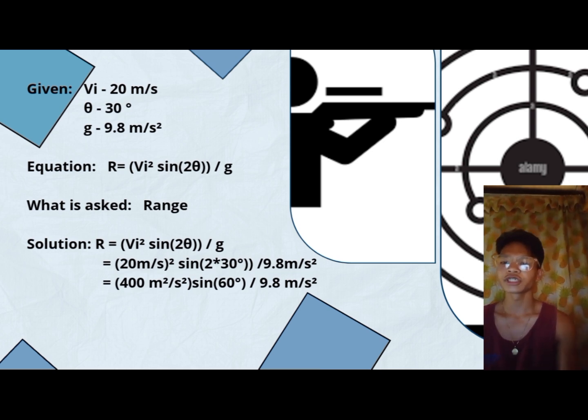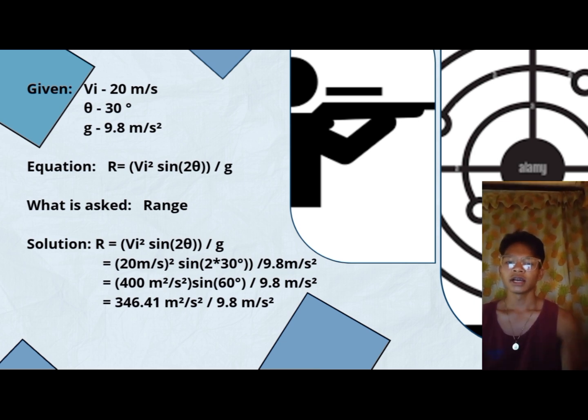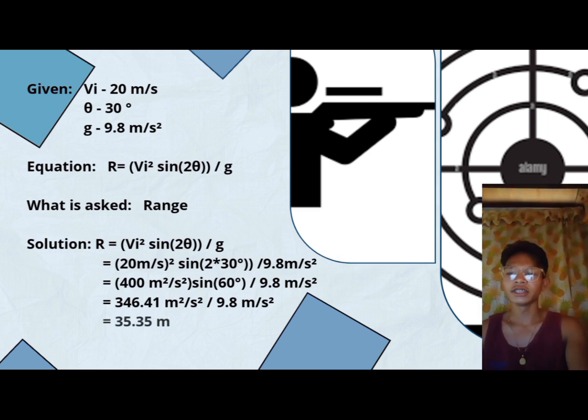Then 400 meters squared per second squared times sine 60 degrees is equivalent to 346.41 meters squared per second squared. Then copy the acceleration due to gravity. And then to get the final answer, we divide 346.41 meters squared per second squared over 9.8 meters per second squared, and you get the answer 35.35 meters.